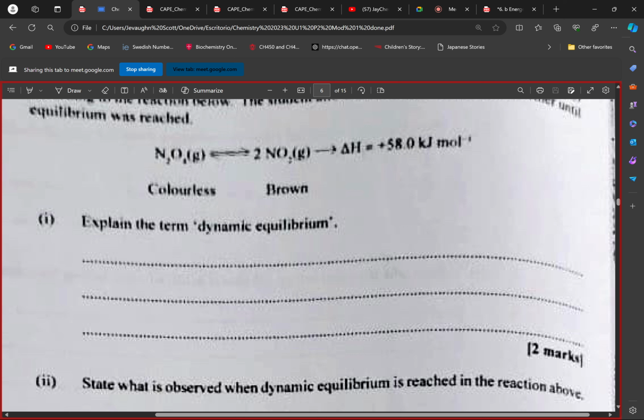Right. So a dynamic equilibrium is really a state in which the reaction is reversible, and the rate of the forward reaction is balanced out with the rate of the backward reaction, and the concentrations of the reactants and the products remain constant. So it is a state in which reversible reactions have their forward and reverse rates balanced, while the concentrations of reactants and products remain constant.